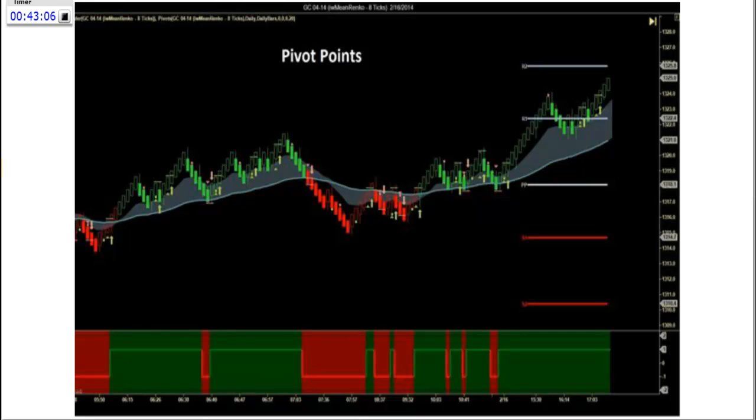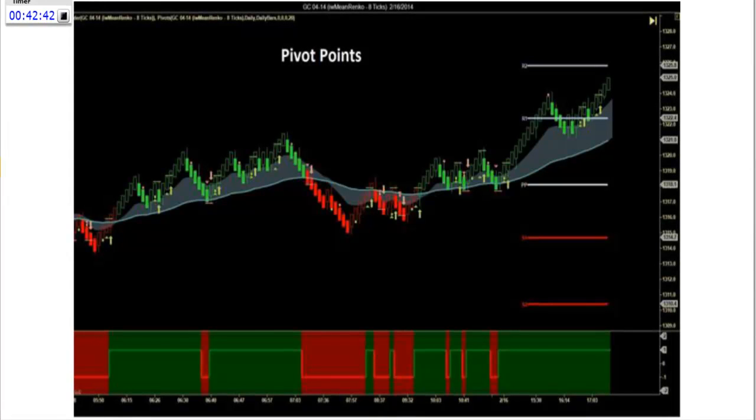Pivot points, also known as floor pivots, are calculated by a lot of floor traders, and they're based on the previous day's high, low, and close. A very simple formula. They're standard on NinjaTrader. There's variations of these. The idea is that you're going to try to predict where the market is going to find resistance if it advances, where it's going to find support if it heads lower.